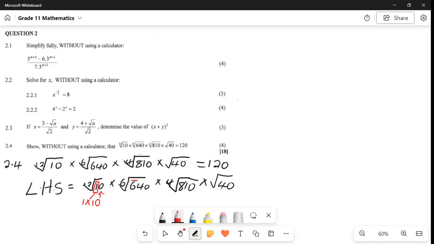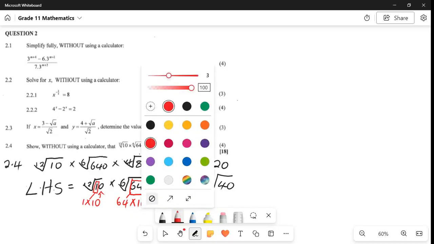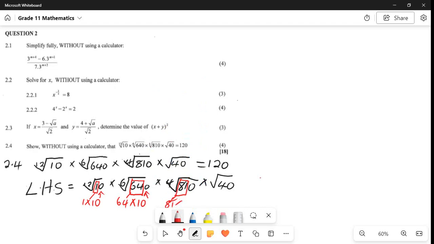And here we've got 64 times 10, which is equal to 640. And here we've got 81 times 10, which is equal to 810.